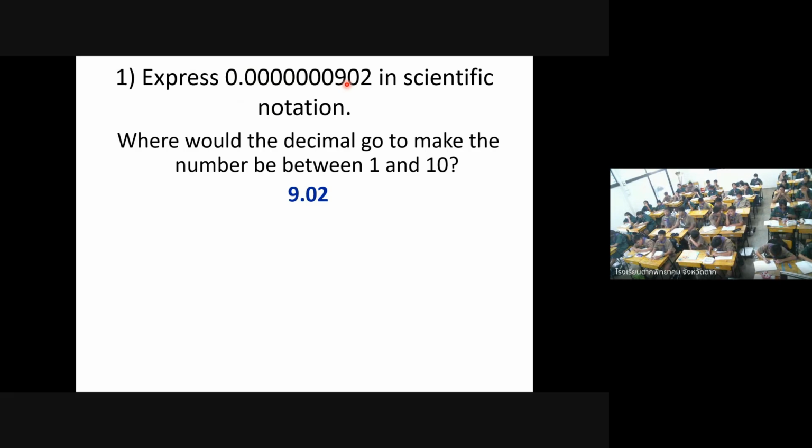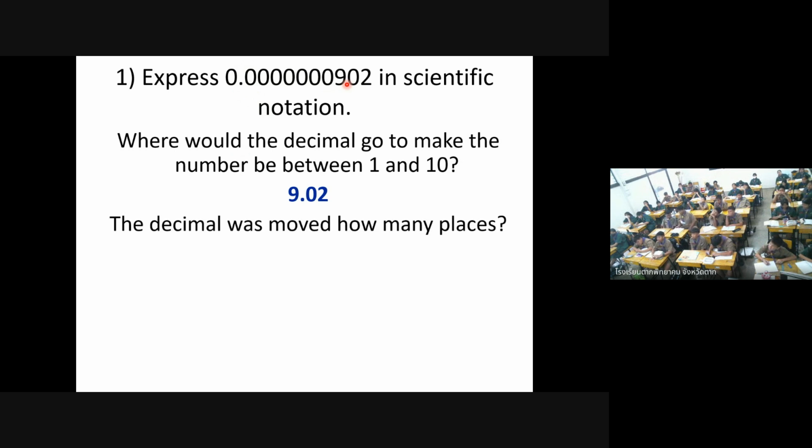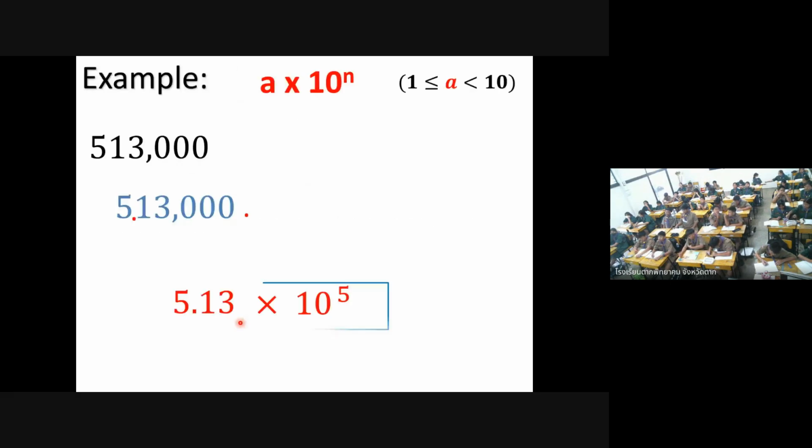Now, how many times do we move the decimal point? From this point, we're going to move the point here, right? So we're going to have 1, 2, 3, 4, 5, 6, 7, 8. But the movement is from left going to the right. What is the exponent, positive or negative?